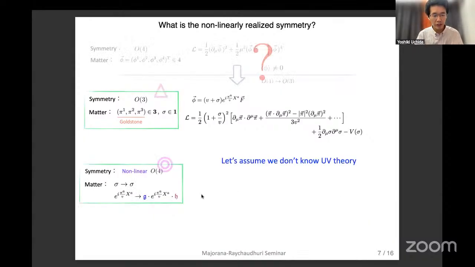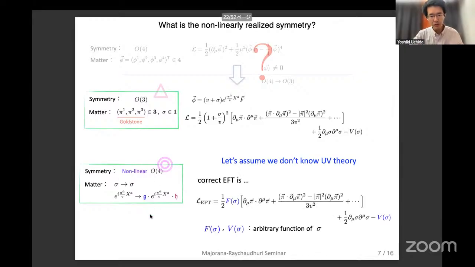Okay, so now the thing is clear. Let's assume we don't know the UV theory. Now writing the O3 invariant theory at low energy is not enough, but we should write the nonlinearly realized O4 symmetric Lagrangian, and each field transforms under this nonlinearly realized O4 like this. Because of the shift transformation, this shift symmetry of the Goldstone-boson field, now the pi 4-point interaction or 6-point interaction is obviously forbidden.